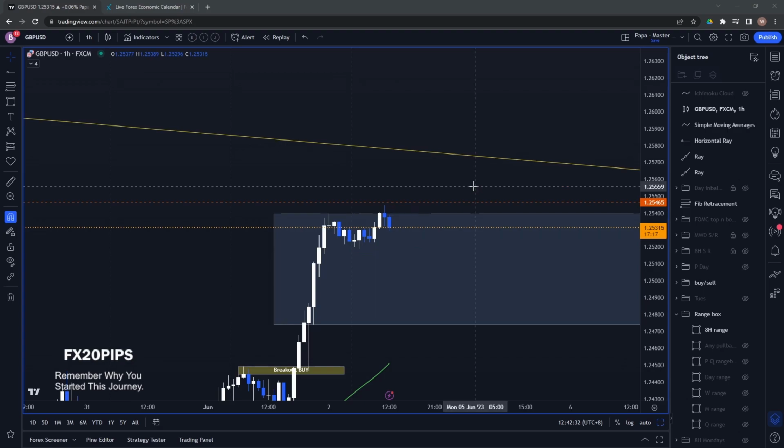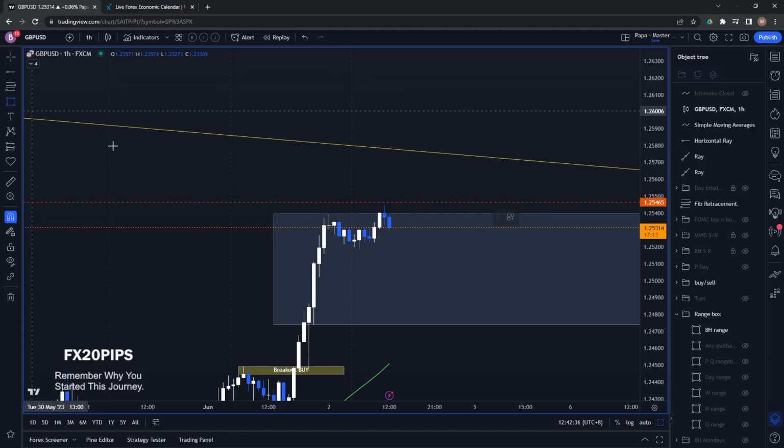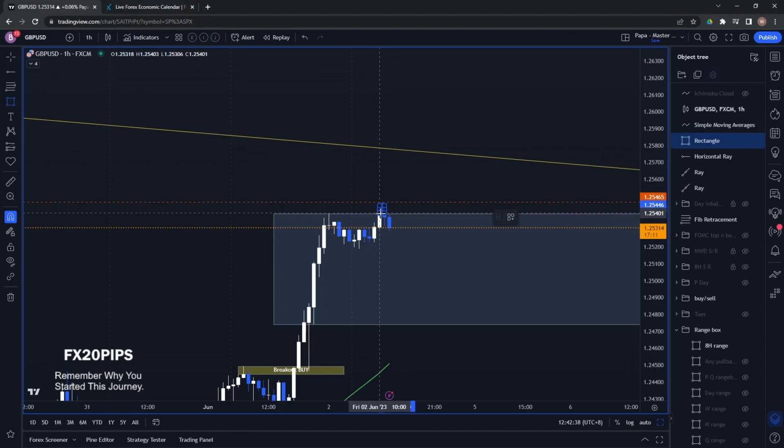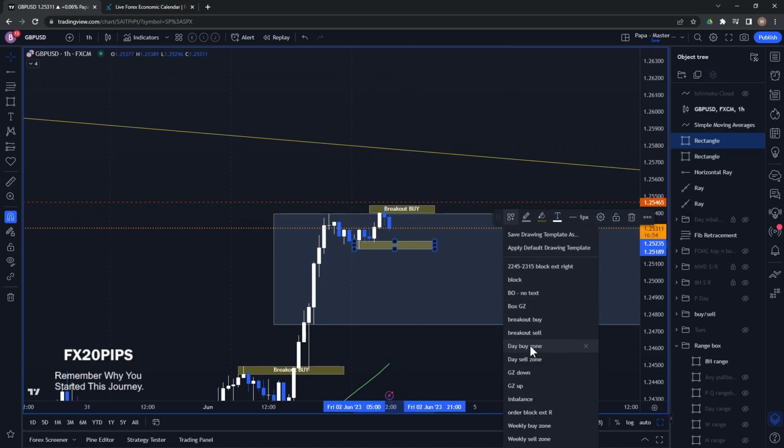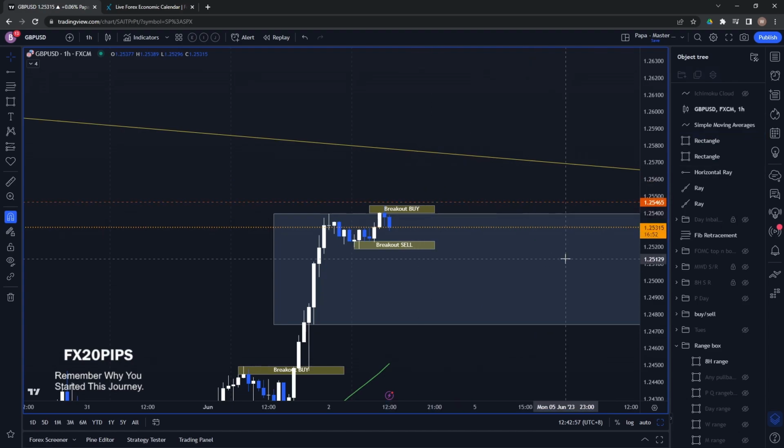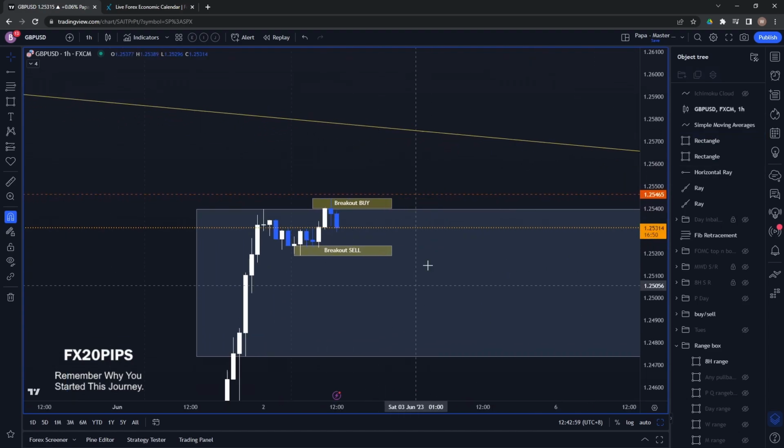Do this every day. Top, bottom, expand it, just to make it look nice. Go to the configurations. Another one, bottom here. Expand it, make it look nice, and then sell. So this is the zone for today.